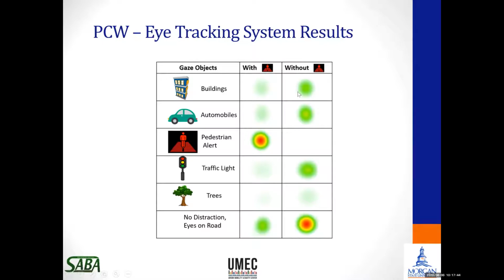Without PCW, they are less distracted, partly because a high percentage are looking at the pedestrian alert when it comes. But interestingly, they don't look at the traffic light as much as when they don't have that alert system, and their eyes on the road are less.